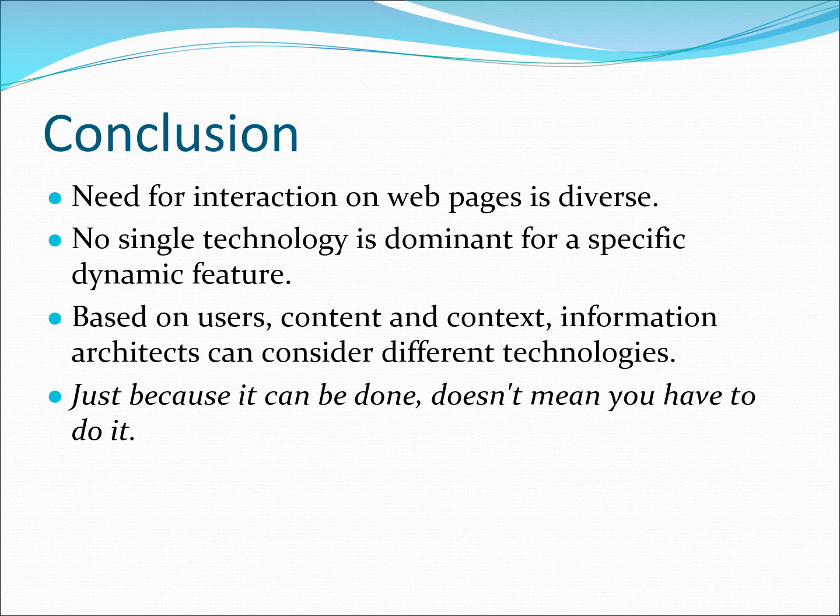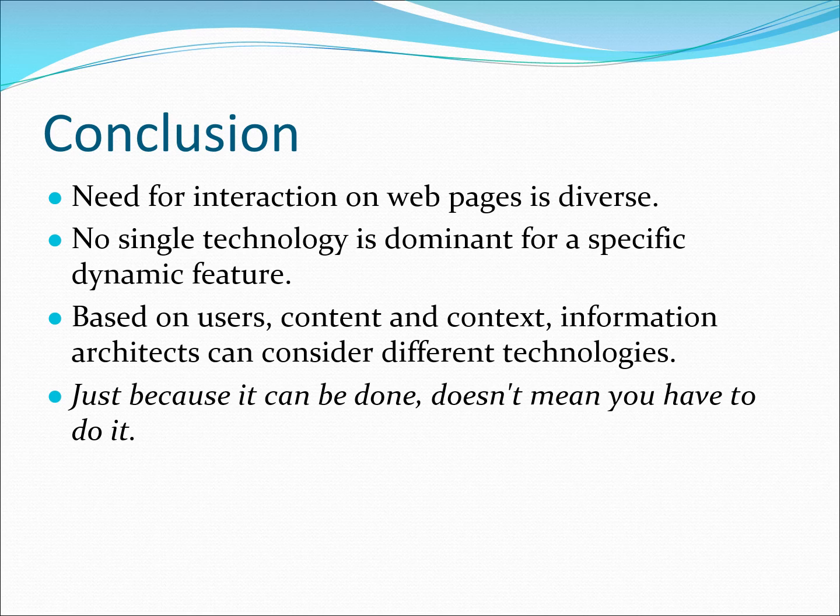As a conclusion, we know that web pages are made interactive by using scripting languages. Mainly two types of scripting are there: server-side scripting and client-side scripting. These two are used for making interactions for the web page. The need for interaction on web pages is diverse.